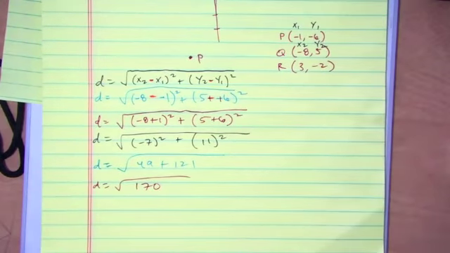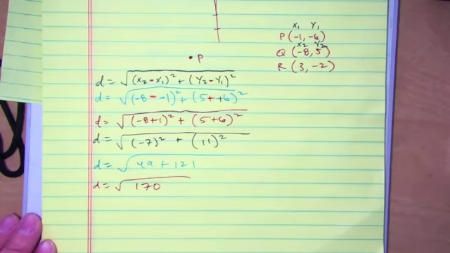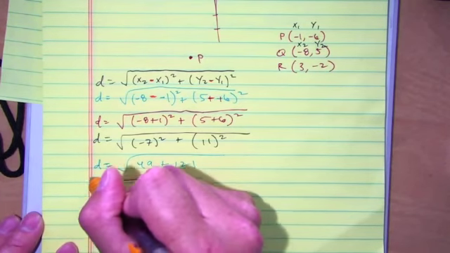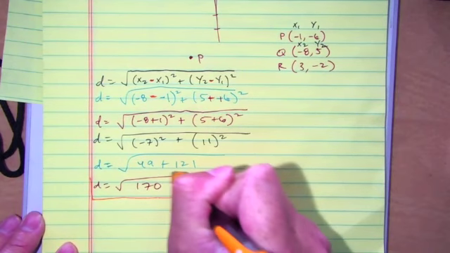And could you break that down any more? Anyone find any perfect squares? Factors? Raise your hand if you got the square root of 170. Okay, good. Any questions?